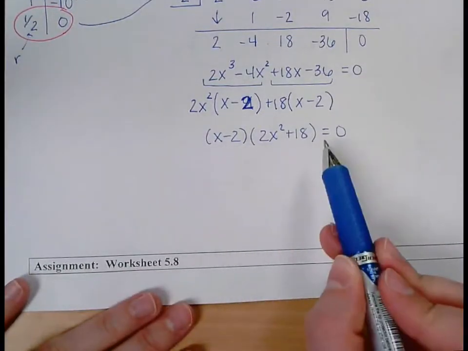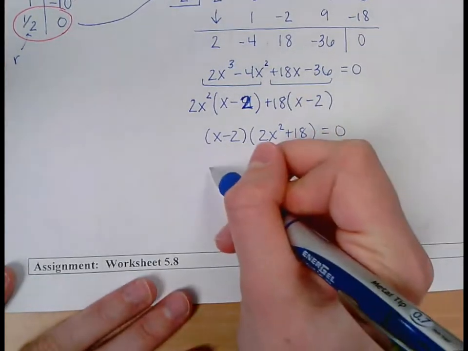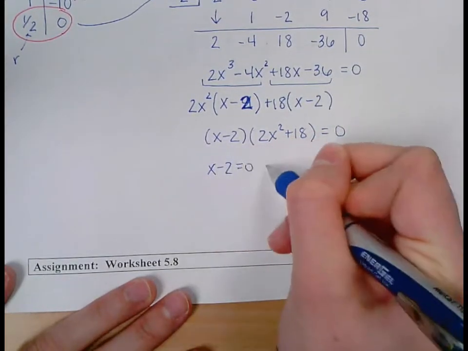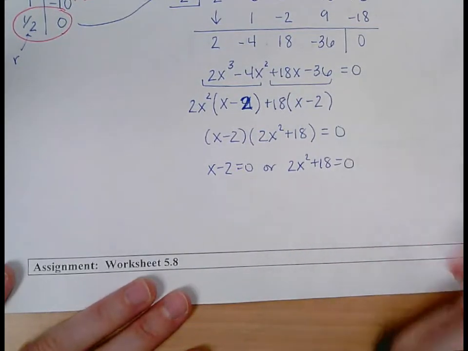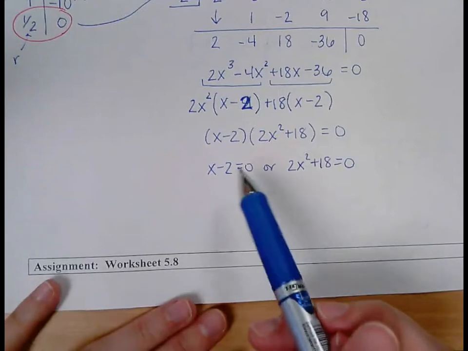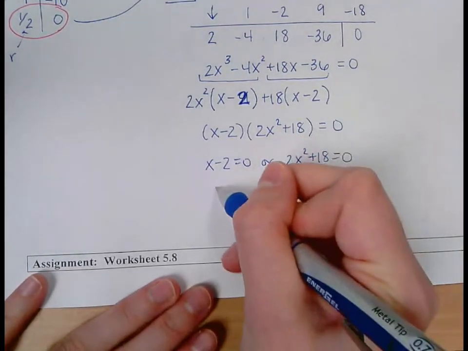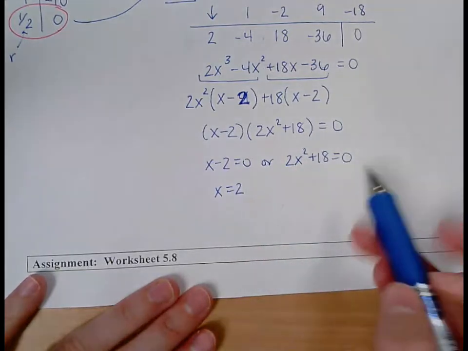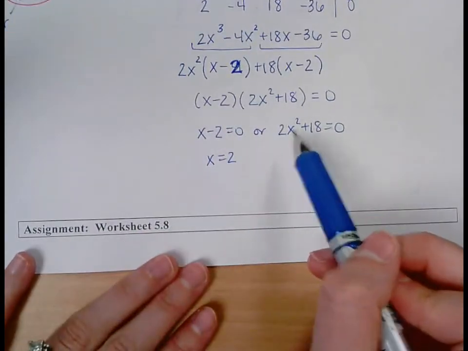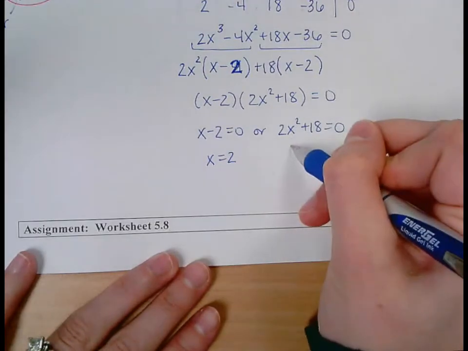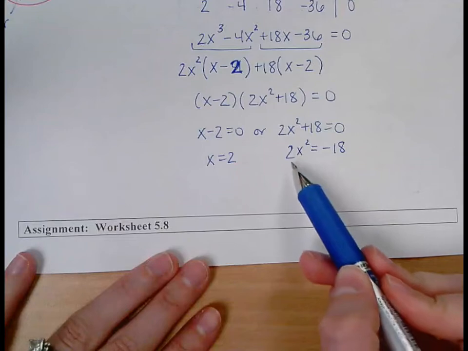And I just need to solve this by setting both of these equal to 0. So I have x minus 2 equals 0, or 2x squared plus 18 equals 0. For the first equation, solve for x, add 2 to each side, x equals 2. For the second equation, I need to get x alone, so subtract 18. 2x squared equals negative 18.